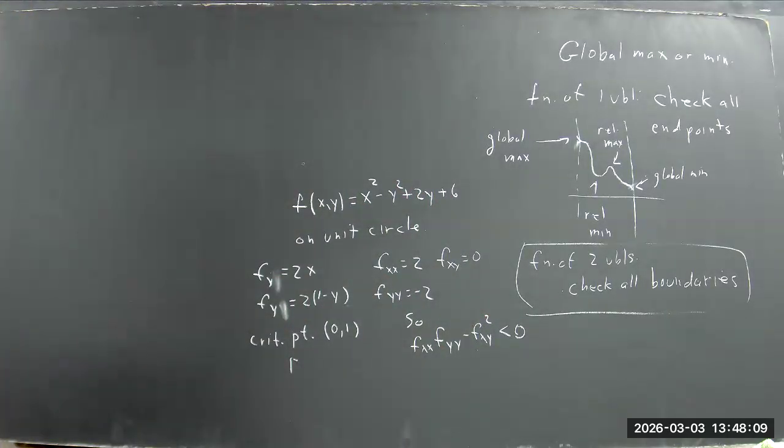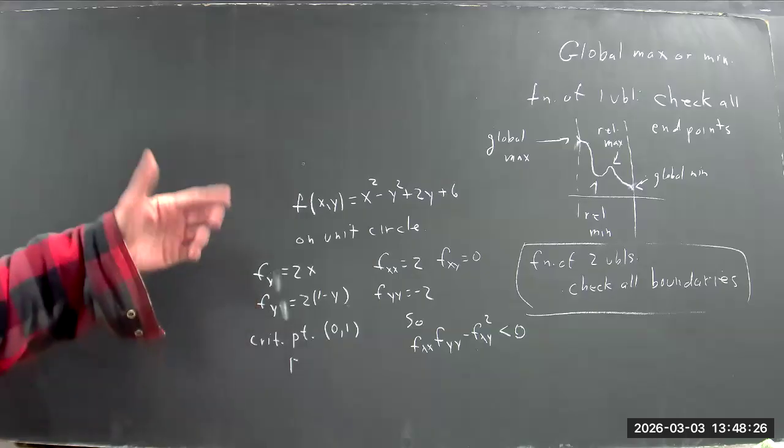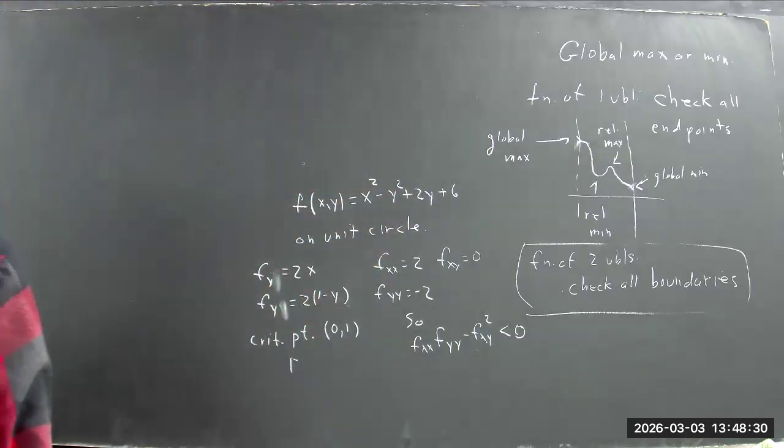So this determinant is less than 0. And what does that mean? It means you've got a saddle point at the point (0, 1), and then plug 0 and 1 in here. You get 7. Okay.